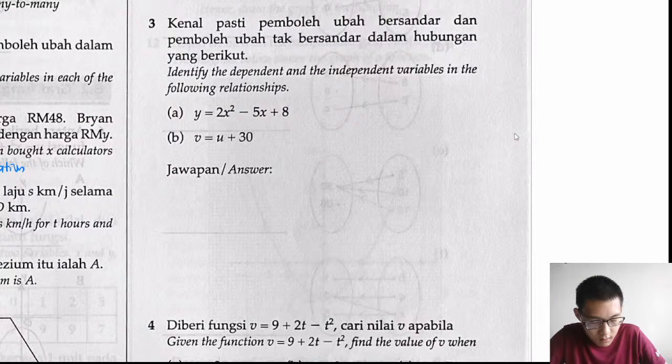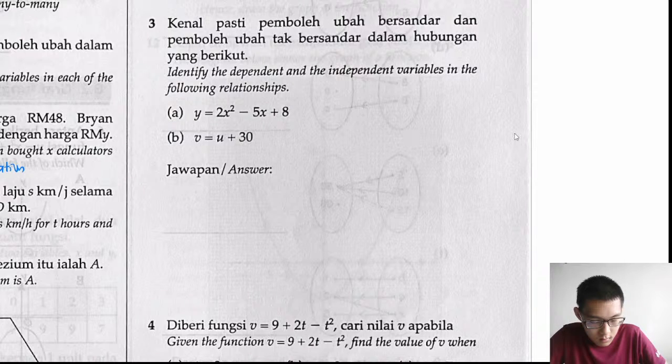Identify the dependent and independent variable in the following relationship. So Y depends on X, because if X changes, Y would change. If U changes, V also changes.